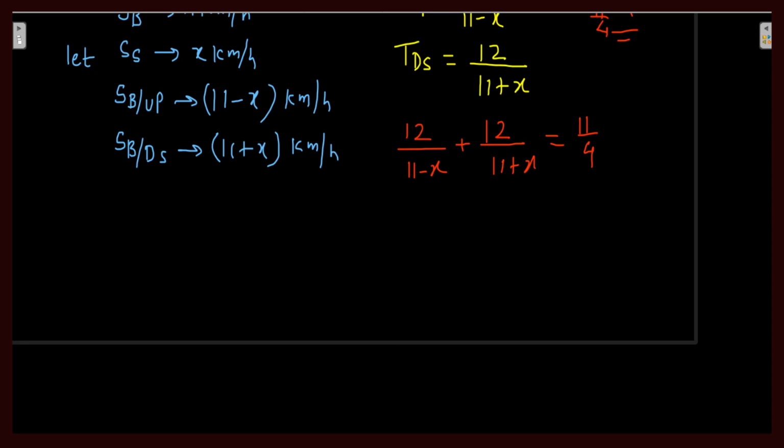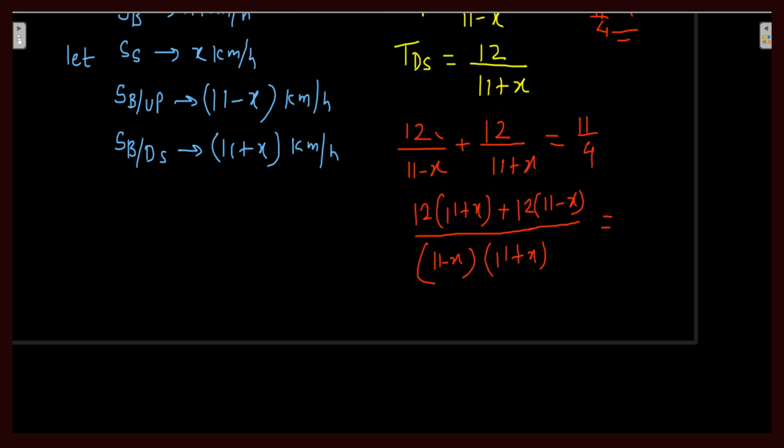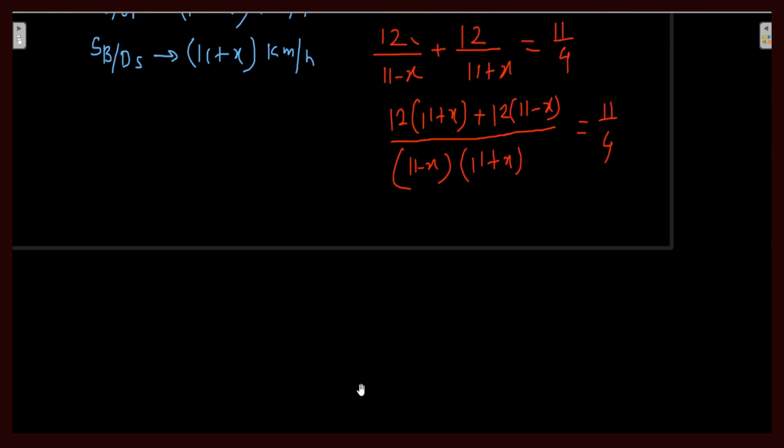Now here the LCM will be 11 minus x into another bracket 11 plus x. Here we will multiply by 11 plus x, so it will be 12 into bracket 11 plus x plus 12 into bracket 11 minus x, which is equal to 11 by 4. Now it will be 12 into 11 plus 12x, and 12 into 11 minus 12x.